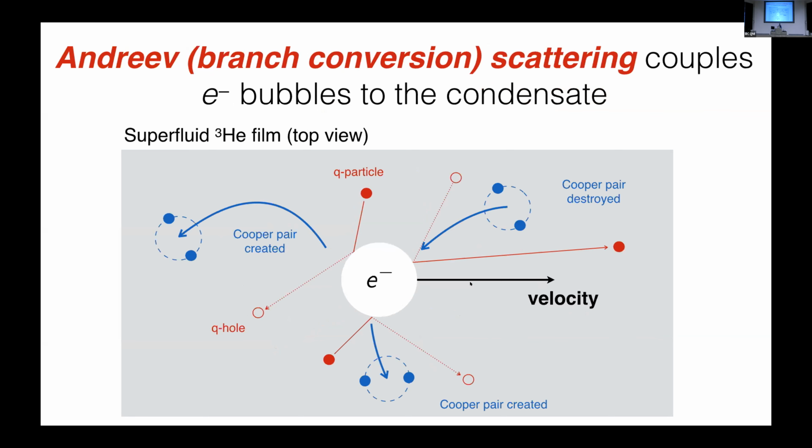Now, in a BCS superfluid, there's an additional collision process that occurs. And I've indicated here, a quasi-particle can branch convert on scattering into a hole. And when it does so, it also emits a Cooper pair into the condensate. And the reverse process also occurs, namely a quasi-hole can branch convert into a particle by absorbing a Cooper pair.